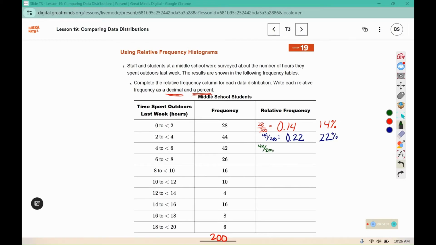42 out of 200. 42 divided by 200 is 0.21 or 21%. We'll continue doing this for the rest of the table.